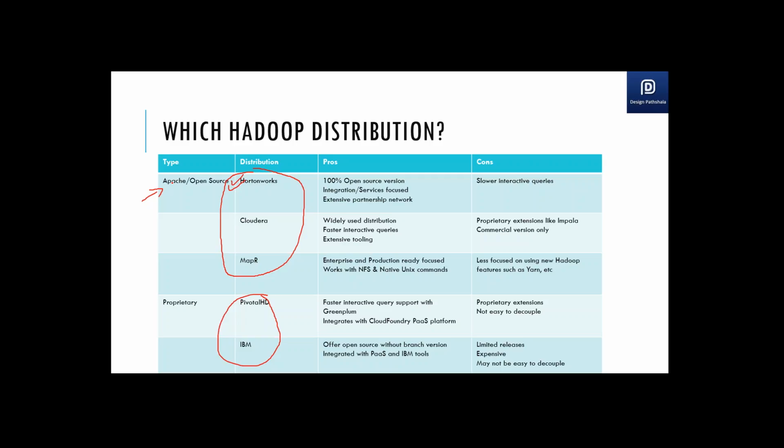In terms of install base, which one is the highest? Hortonworks and Cloudera are the two mostly used in the industry. Different people have different opinions, so I cannot really comment on any of these, but these are the two highly used in the industry.